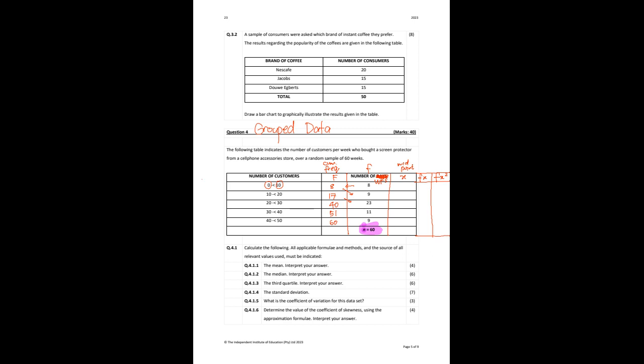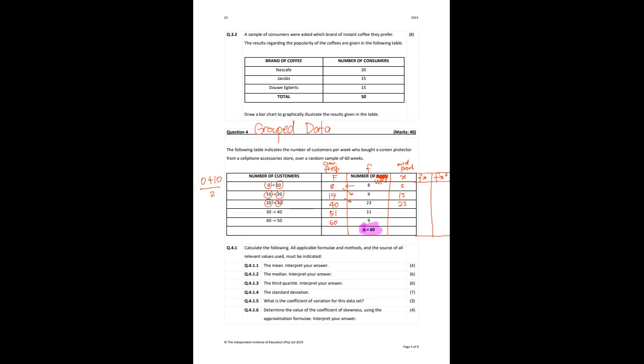So 0 plus 10 divided by 2 would give you a midpoint of 5. Then 10 plus 20 is 30 divided by 2, which would give you 15. And then 20 plus 30 divided by 2, which would give you 25, and it'll continue like that.